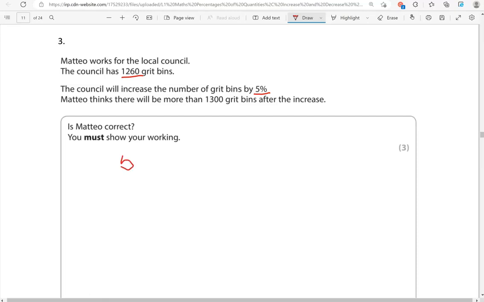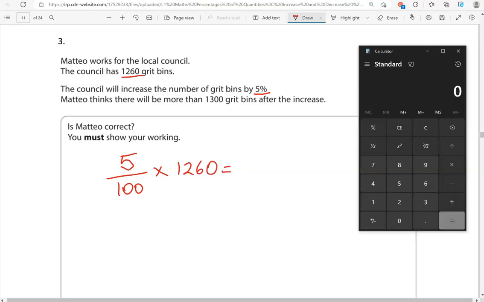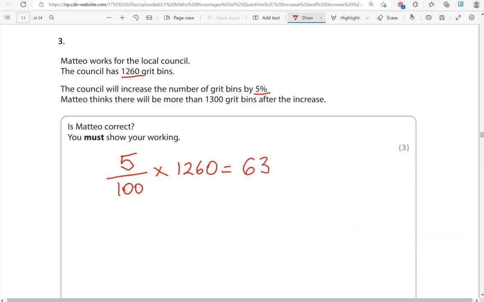So 5%, again, that is 5 out of 100 of the number, which is 1,260. So using the calculator, 5 divided by 100 times 1,260 gives us 63. So 63 more bins.